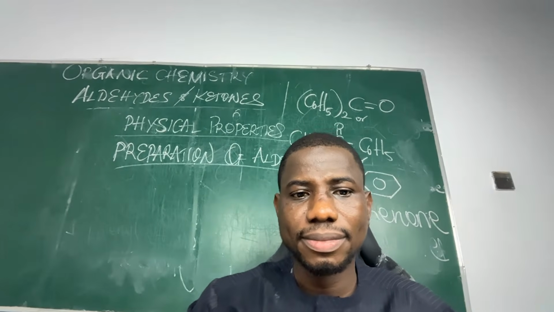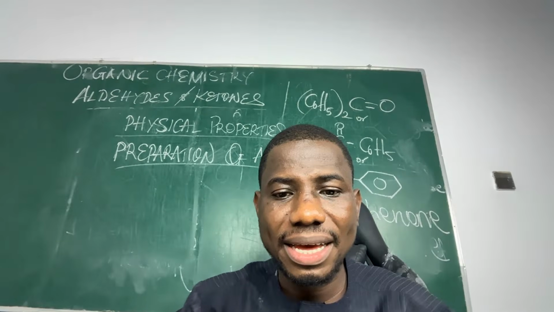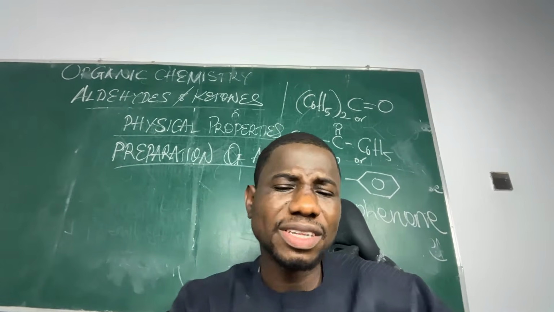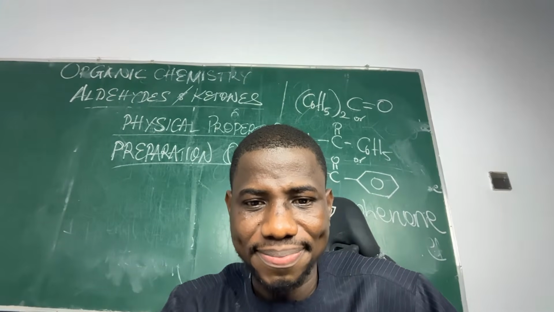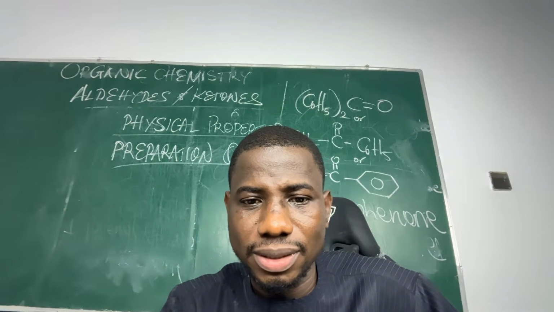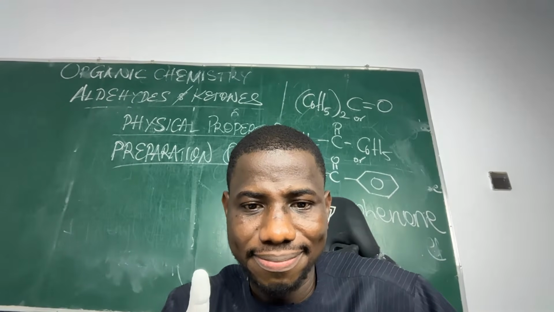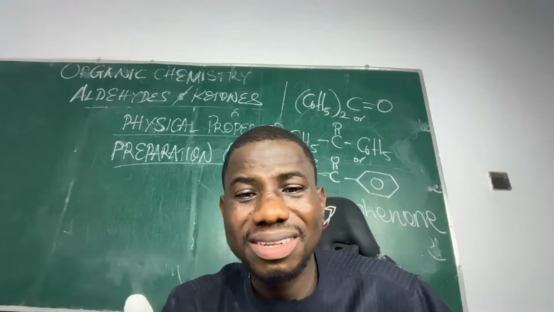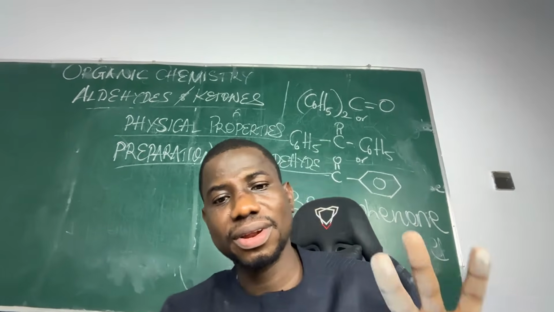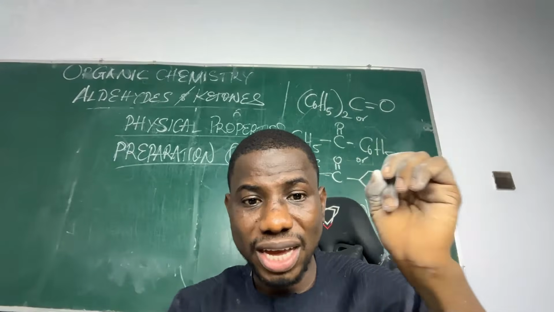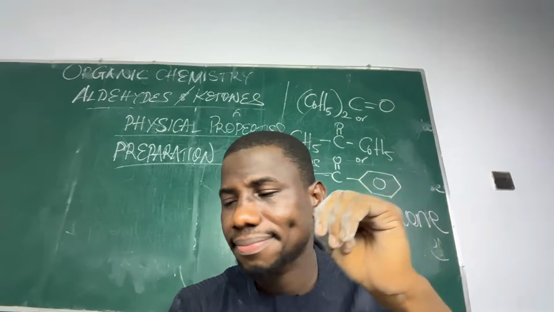The preparation. Now, the first thing you need to know, before we go into the preparation, is a knowledge of what are called alkanols. Alkanols that have only one hydroxy group are said to be monohydric. The monohydric alkanols: we have the primary alkanol, the secondary alkanol, and the tertiary alkanol. Are you with me?